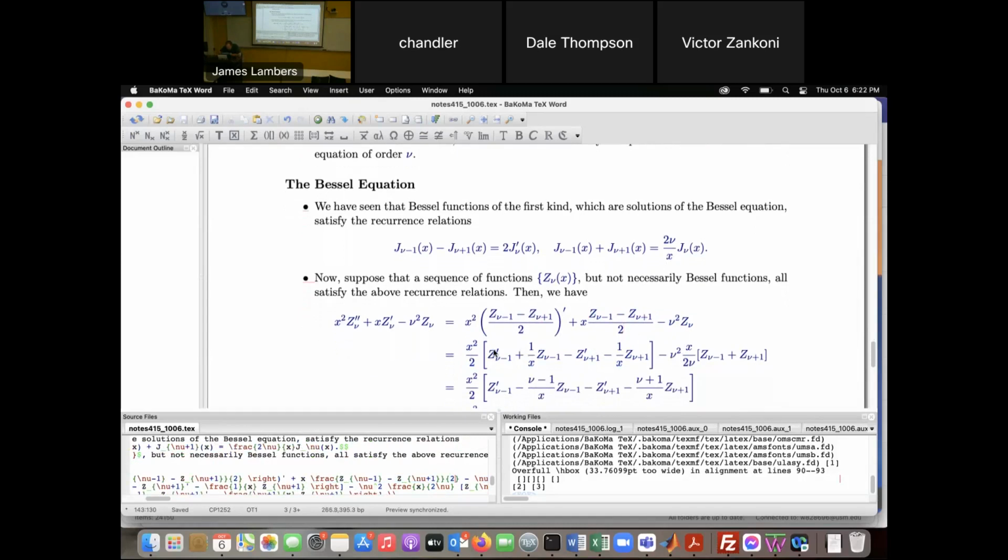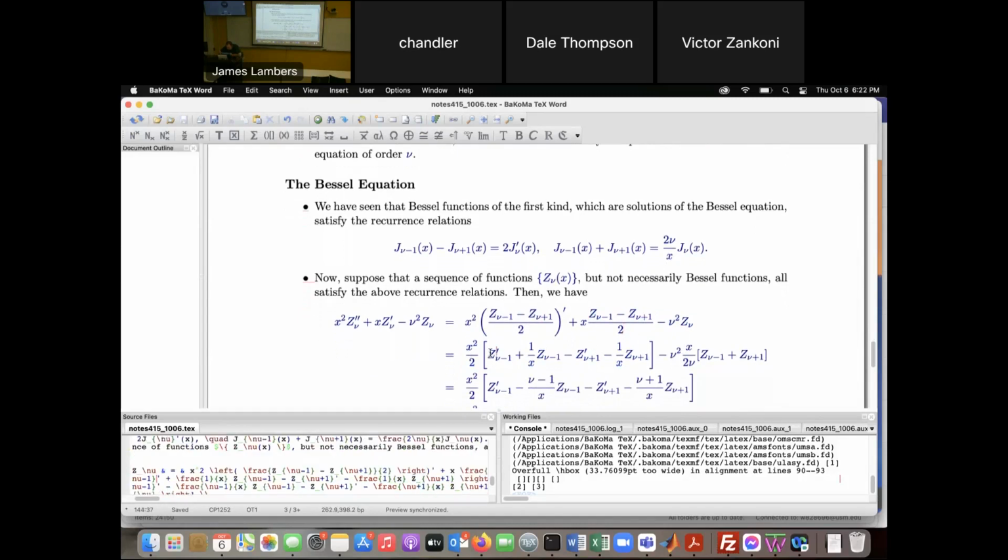So then I'll write these out, and what I've done here, these terms are multiplied by x squared. These are multiplied only by x, but I'm writing it as x squared over x for the purpose of grouping all of these things together into one.